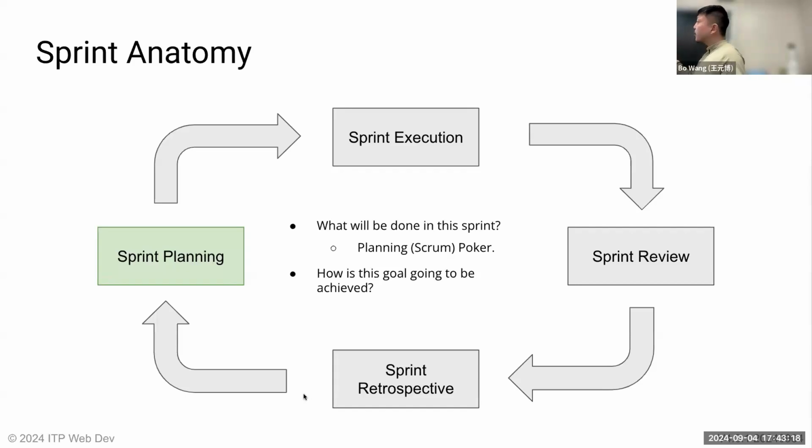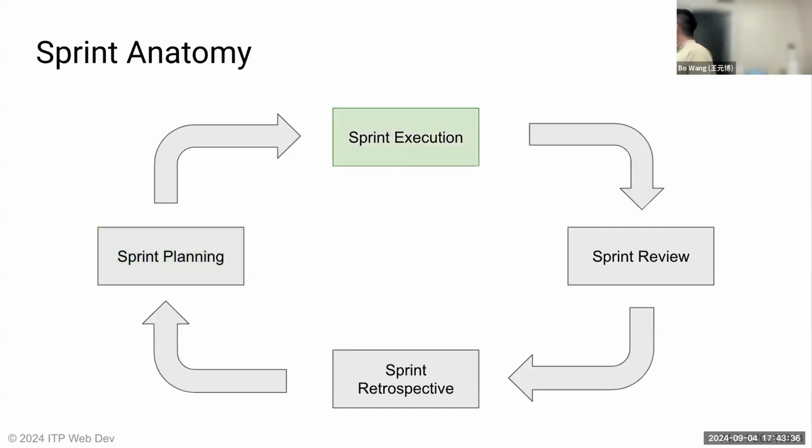And we'll, during the sprint planning process, which we will show you in a class example just in a bit, we're going to plan out the tasks. We're going to talk about how this entire week goal to be achieved, right? And how to distribute the task between each of the team members as well.